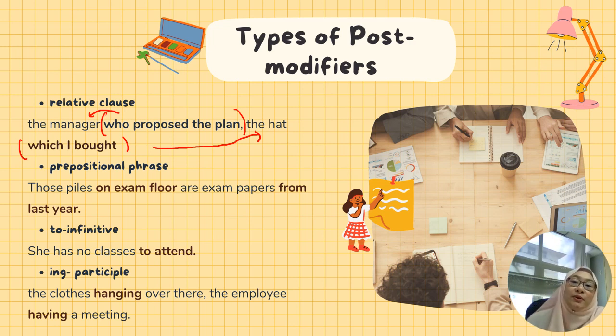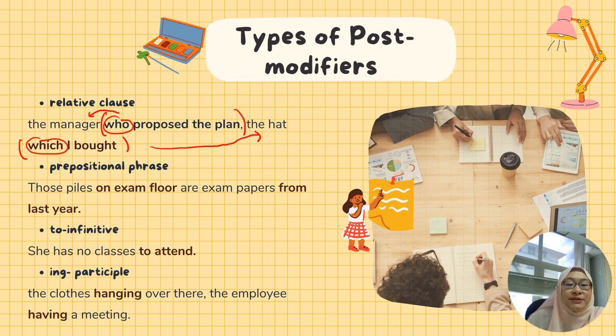So how do we know that the clause is a relative clause? You look at words like who, which, when, where. These are the common words that are classified as relative words.